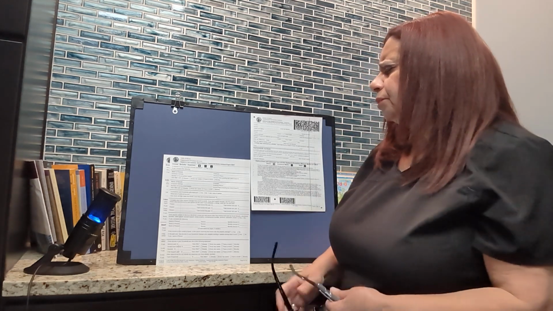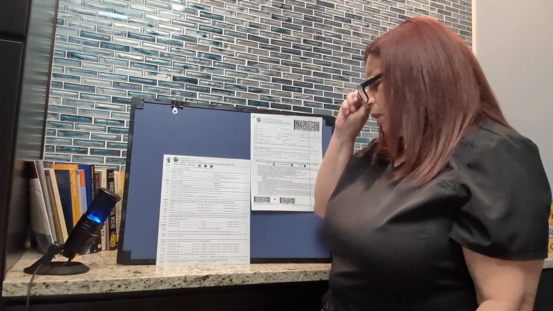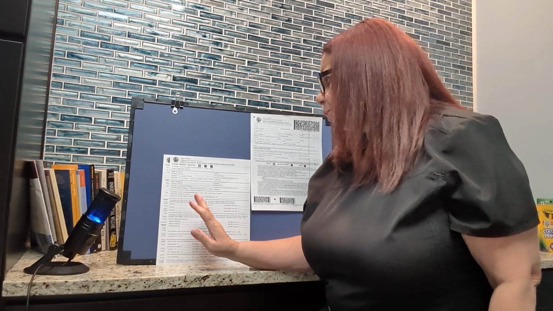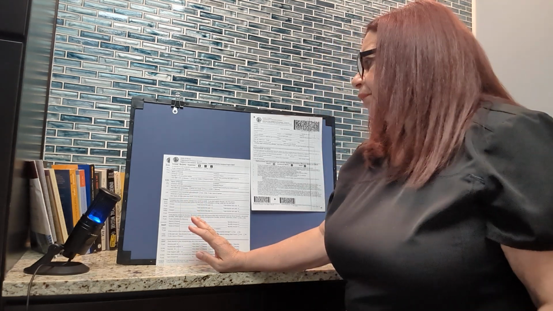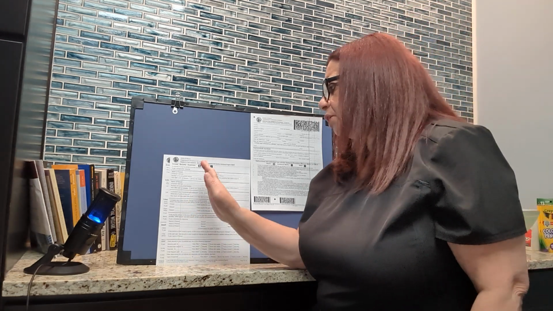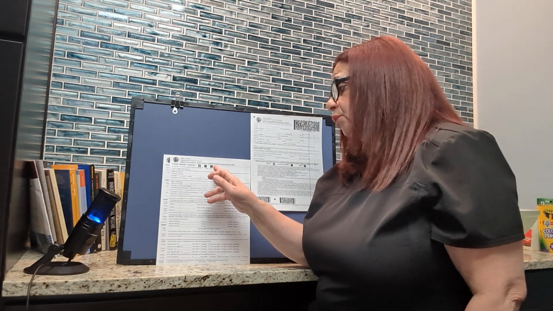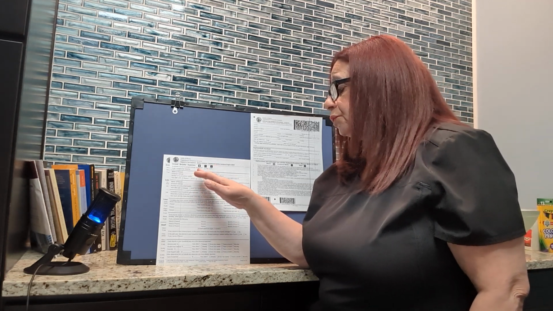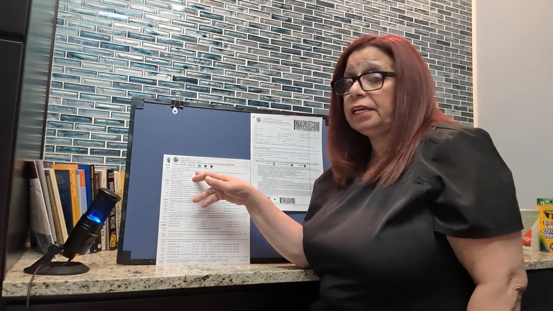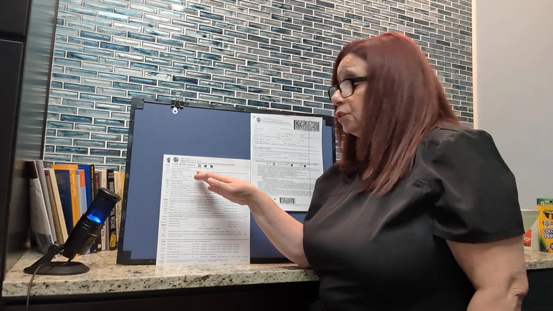Page 8 is income, benefits and expenses. This is where you're going to talk about whether anyone in your household is currently employed, yes or no. If you put no, then you're just going to put NA on the person part because nobody's working.